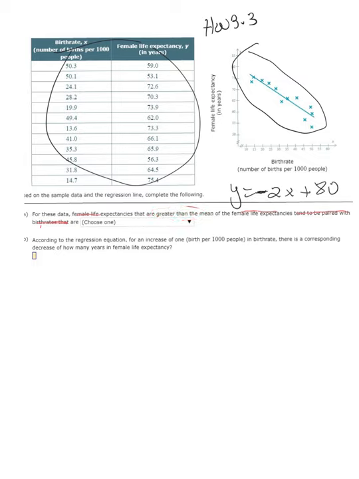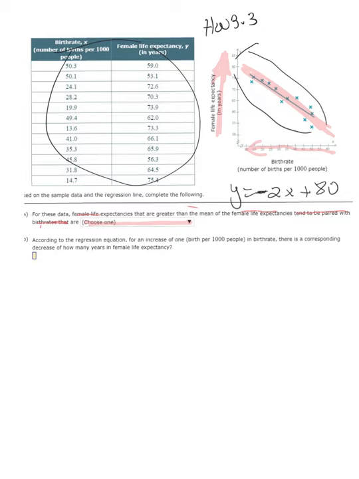So since this is a negative correlation, because I got a negative slope here, as the life expectancies go up, then the birth rates are coming down, because there's a negative correlation. So I'd be looking for less than the mean as the thing I'd be choosing here.